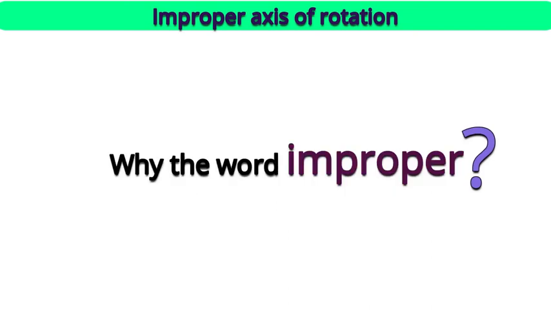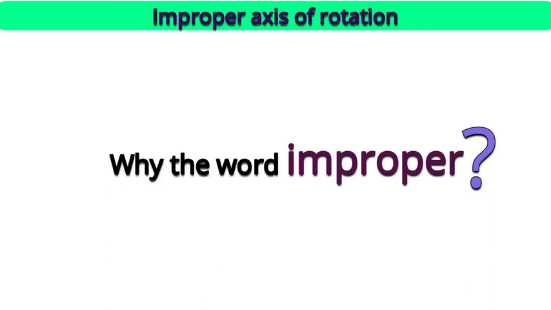Yes, students, you may have the question: why do we use the word improper? What improperness is present in these operations or elements? You have studied the proper axis of rotation. Throughout all operations, the element, the line, remains undisturbed, and the points remain unmoved.